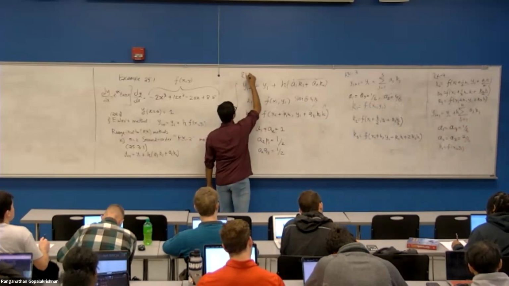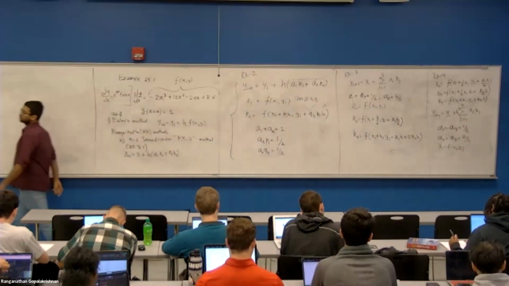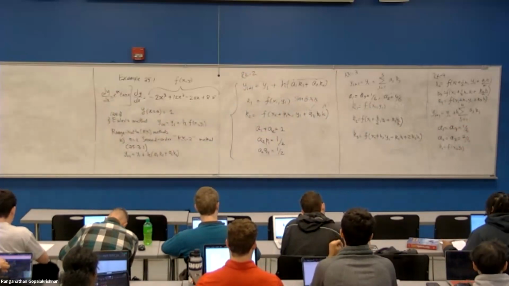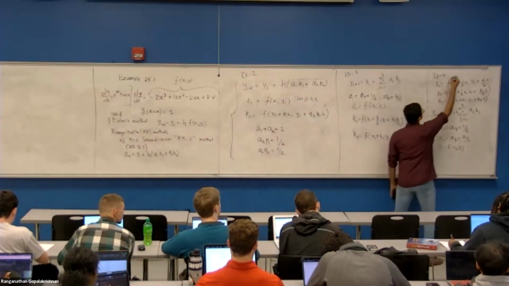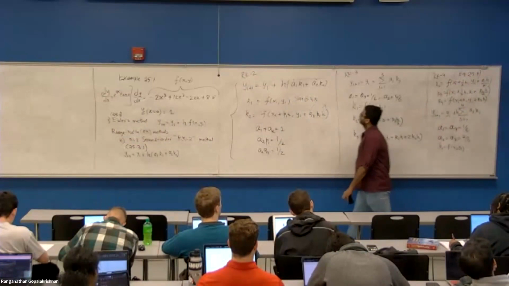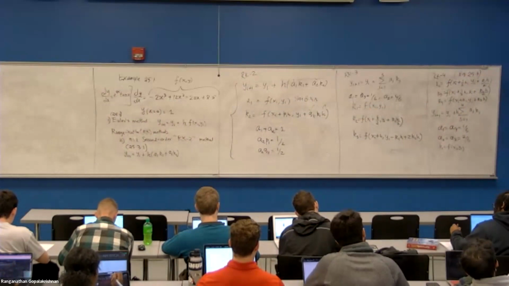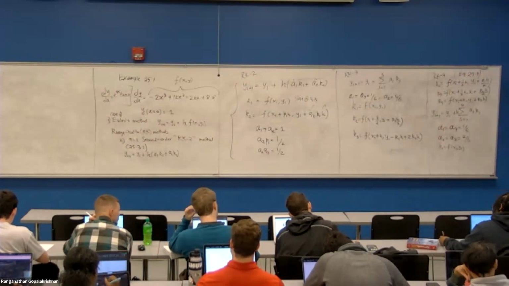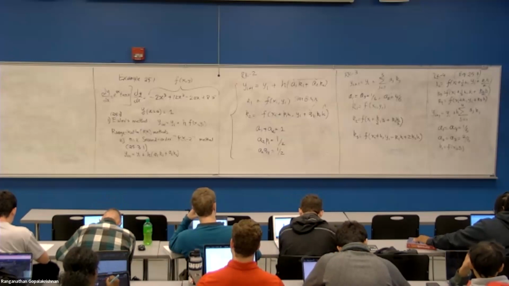This is RK2, RK3, and then Euler. So RK4 is equation 25.4. RK3 is equation 25.39.